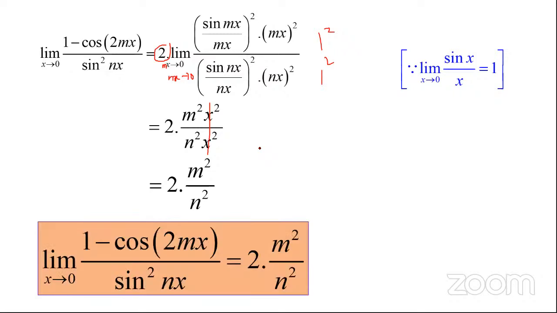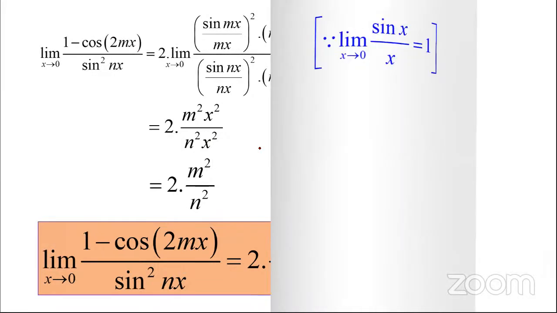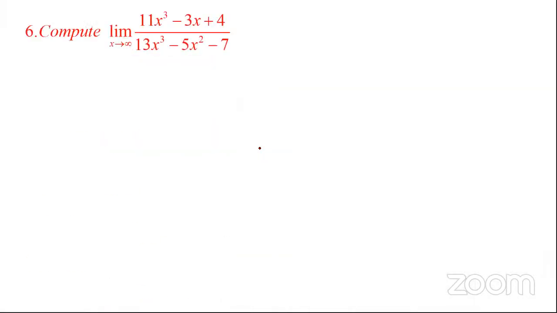Okay, next problem. Compute limit x tends to infinity, 11x cube minus 3x plus 4 by 13x cube minus 15x square minus 7. Just we can say the answer is 11 by 13. This is the direct method.